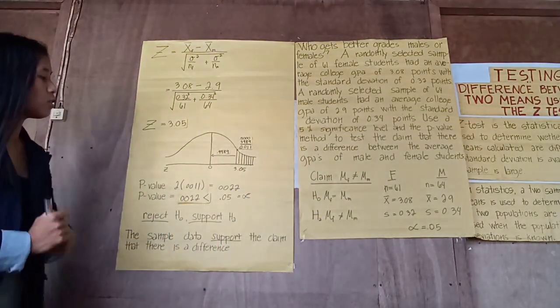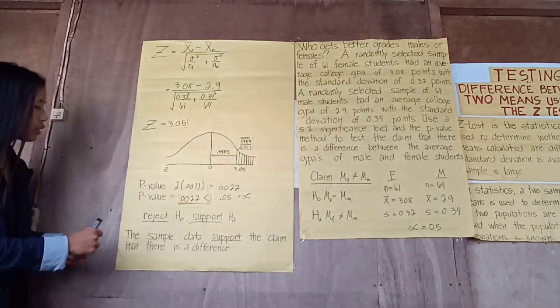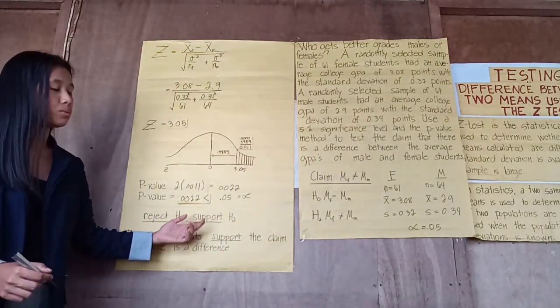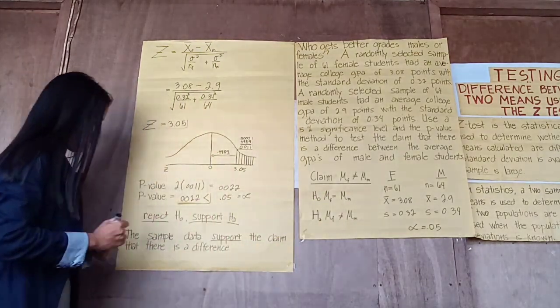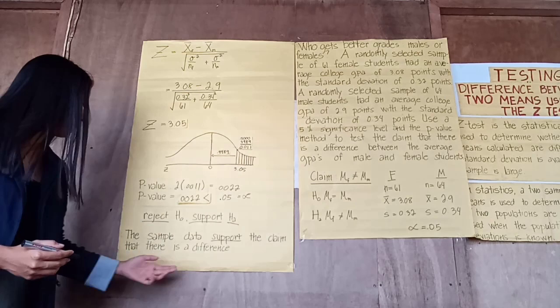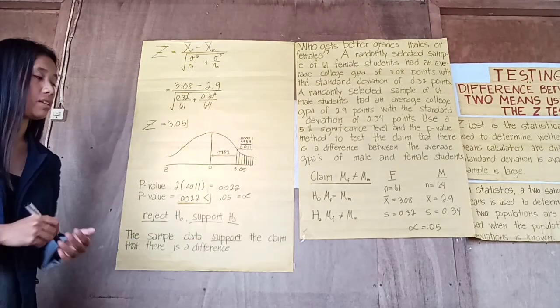Which is correct. So we're going to reject the H0 and support the HA, which is our claim. The sample data supports the claim that there is a difference.